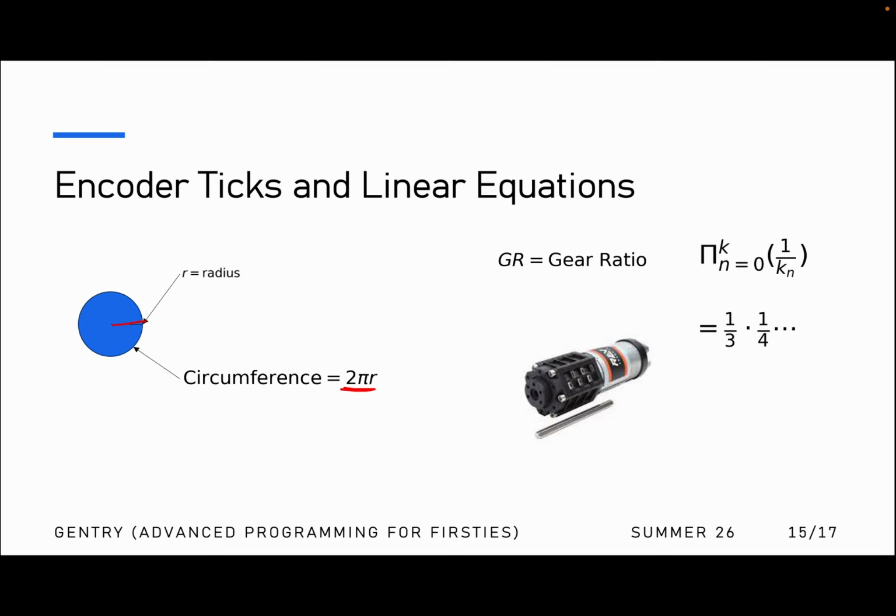And then we take our gear ratio, which is going to be the product of all n's up to the value k, right? So all this is saying is we have some REV 3-to-1 gearbox, but we're just going to take 1/3. And if we stack it with a 4-to-1 and a 5-to-1, we have to multiply it by 1/4 and multiply it by 1/5. So it looks difficult. It's really not that bad.